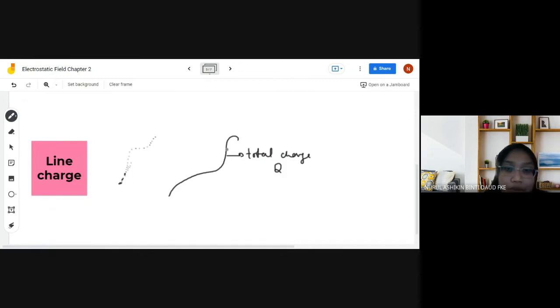So this is one piece of information: the total charge is equal to Q, where Q is the sum of the point charge values. Another piece of information that we can get from this line charge is the total length, known as L. So these are the two important pieces of information that can be observed from the line charge.